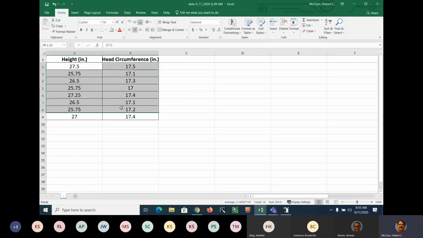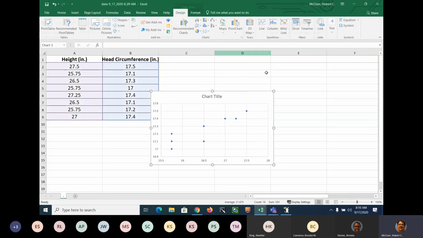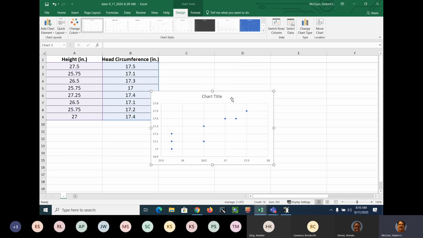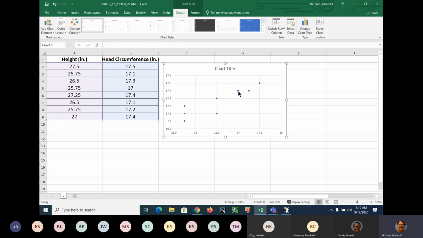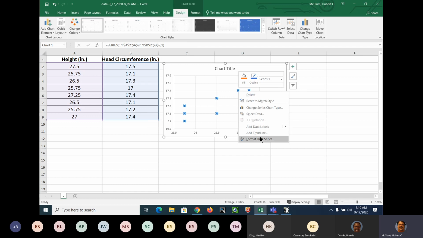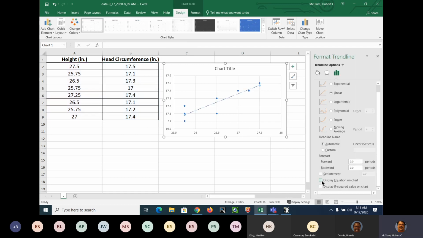So I'm going to hit insert, and there are the data points. I'm going to click on one of the data points, right click on the X, go to trend line, and go to display.